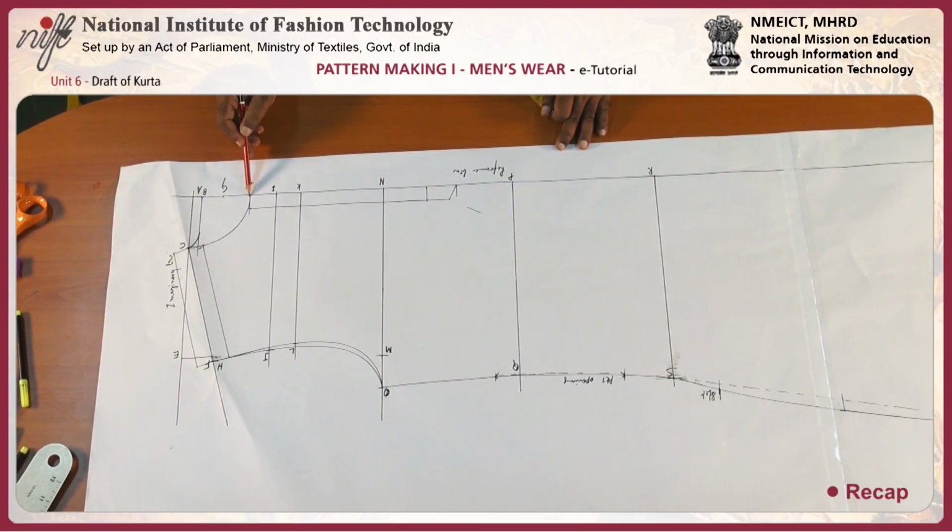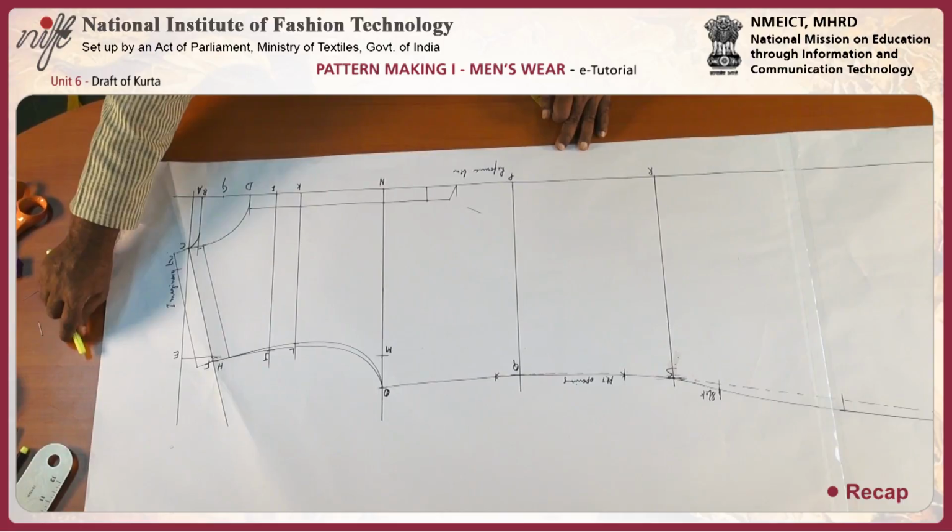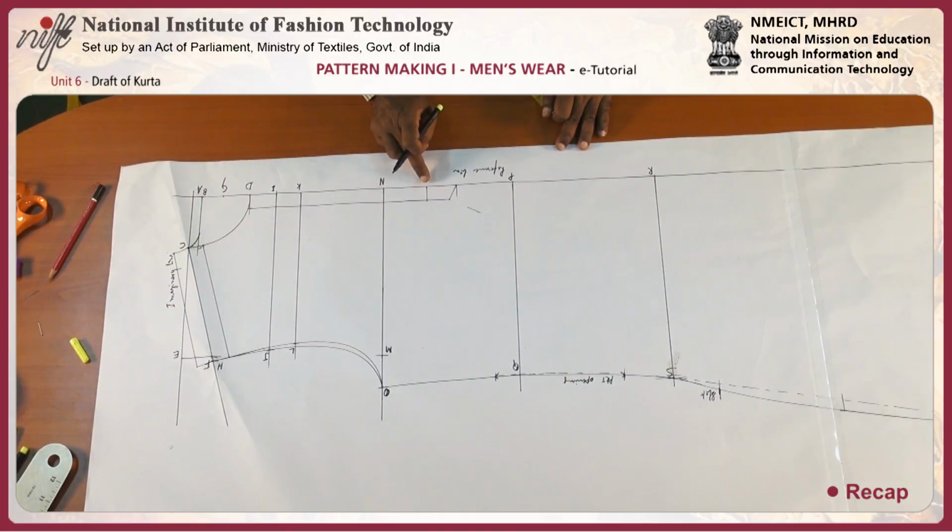Placket total length is 28 centimeter. Then placket total width is 4 centimeter. Since the reference line is the center front line, I took half of 4 centimeter, which is 2. Then 4 centimeter is the slit closure.